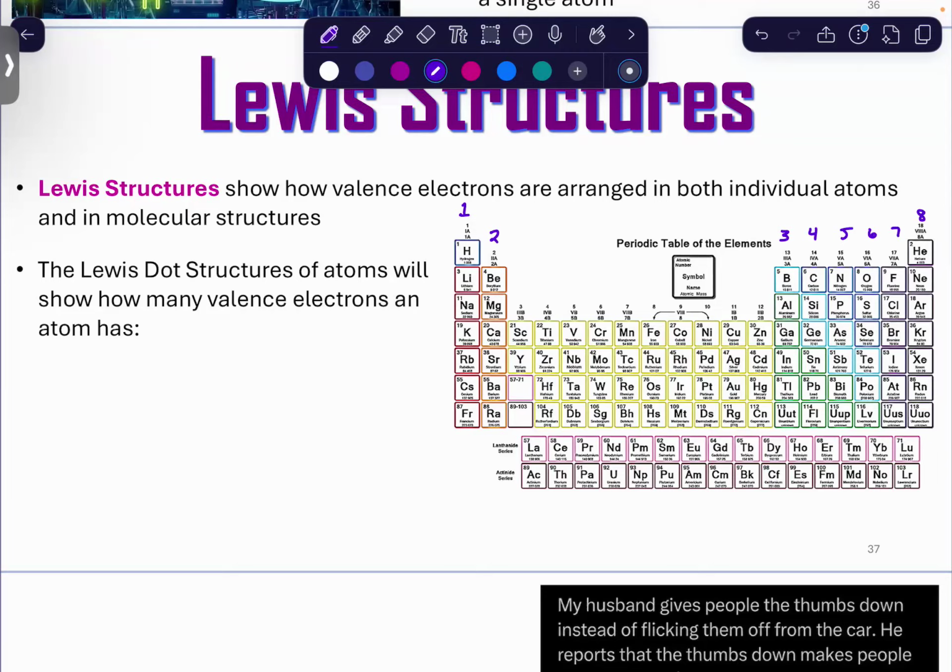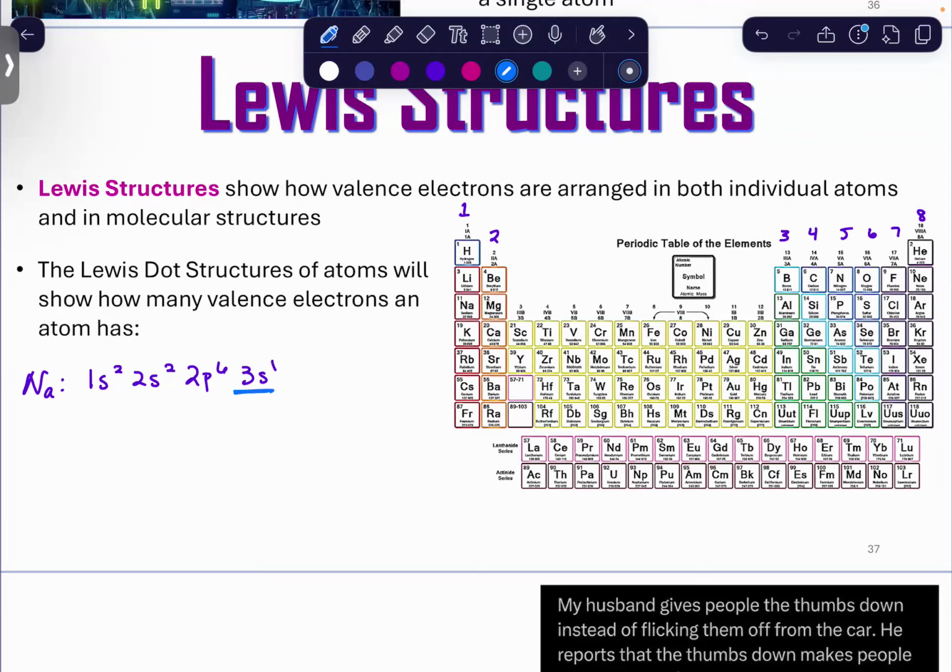So let's look at sodium, for example. Sodium's electron configuration. You see that the valence for sodium is in the n equals 3 level. That's the highest value for n, and so that's going to be your valence electron.